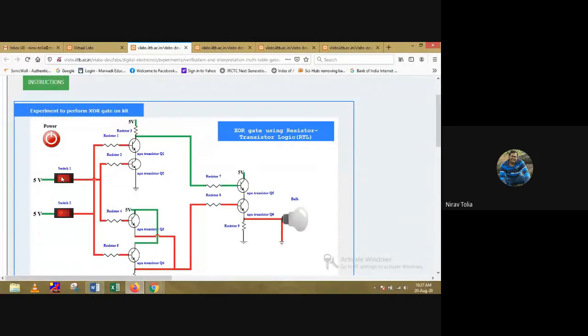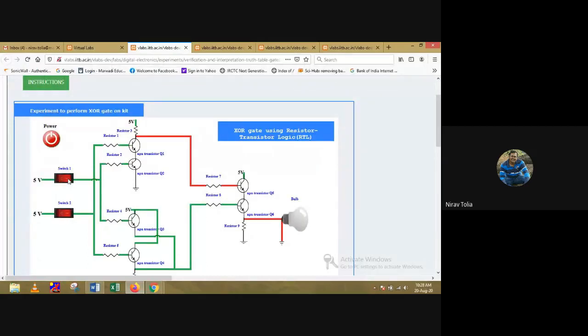If I give the input to any one switch, suppose switch 1, then my output will be 1. So for 10 it is 1 and for 01 it is 1. But if you switch on both the supplies, then my output will be 0. So this is the truth table of the exclusive OR gate.